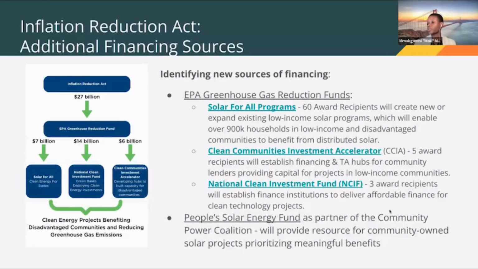And similarly, the National Clean Investment Fund will be direct financing for affordable clean energy and clean technology projects. So all of this is to say there's going to be a really big influx of capital for community solar projects.